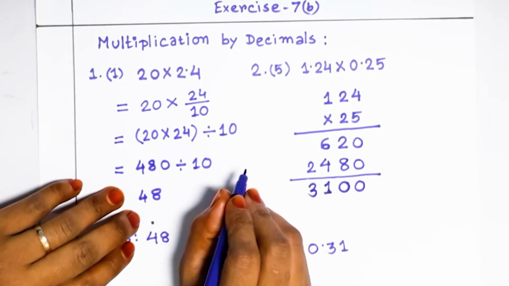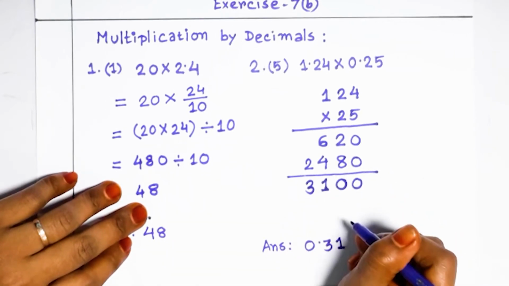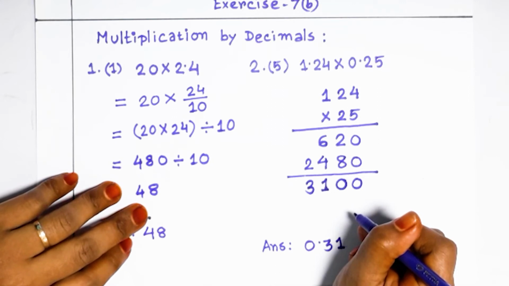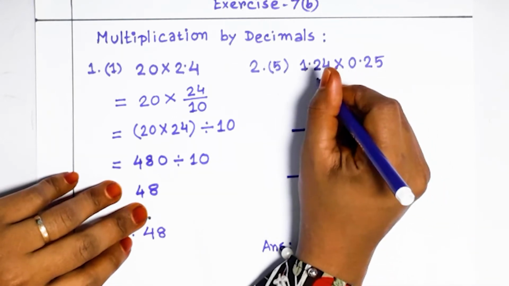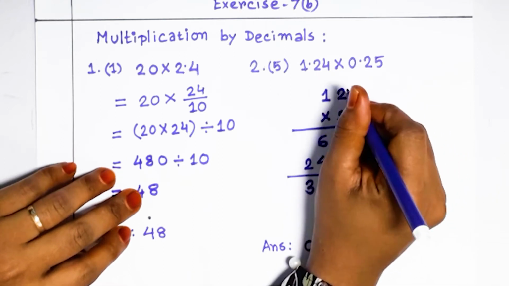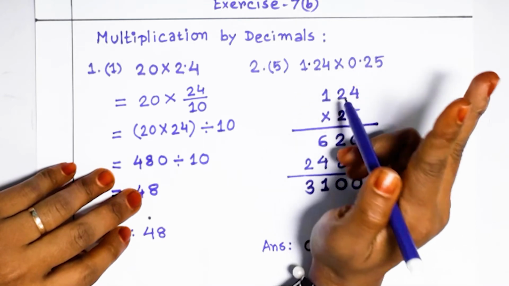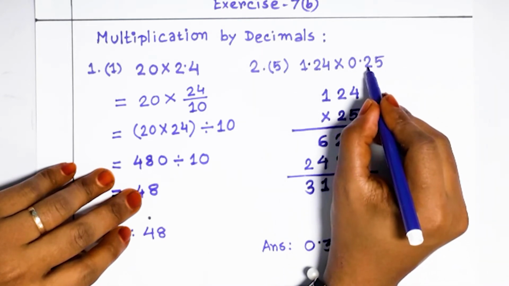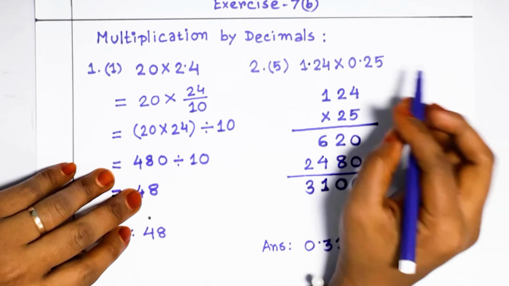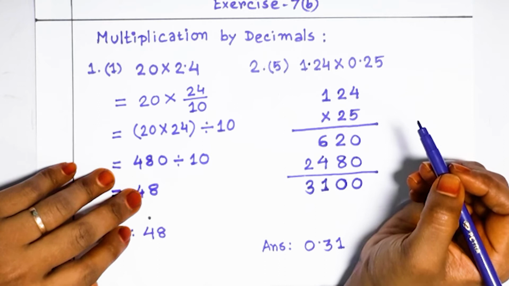Now finally in the answer we will write the decimal, and first we will count how many numbers in total are after the decimal. Here are 2 numbers after the decimal, and here are 2 numbers after the decimal. That means 2 plus 2 is equal to 4.